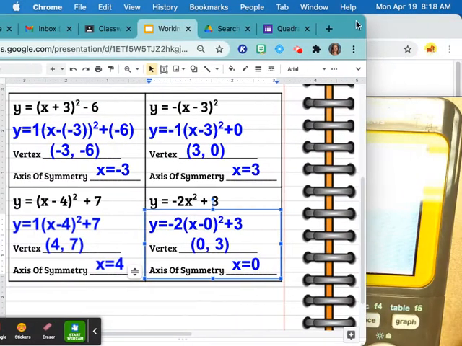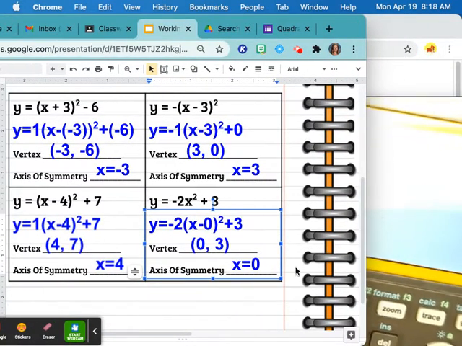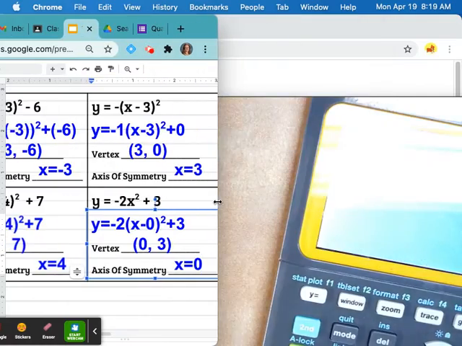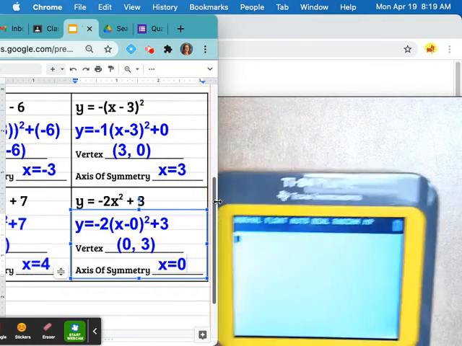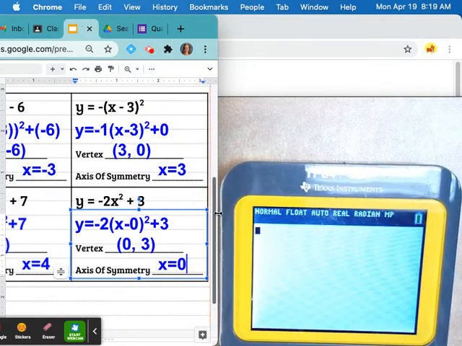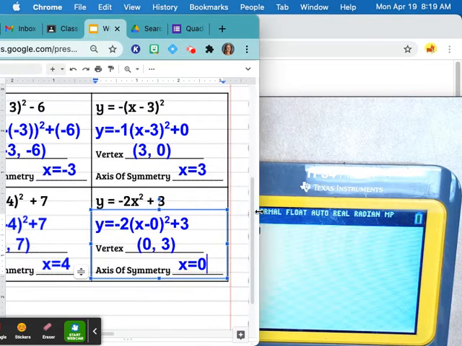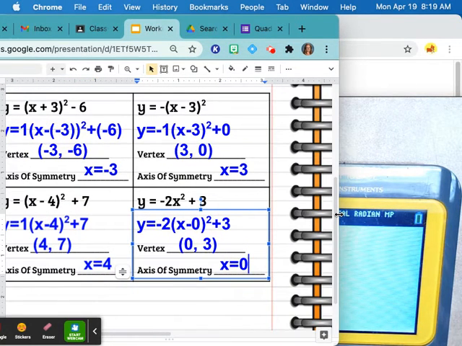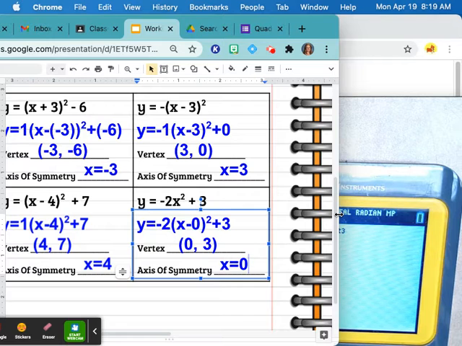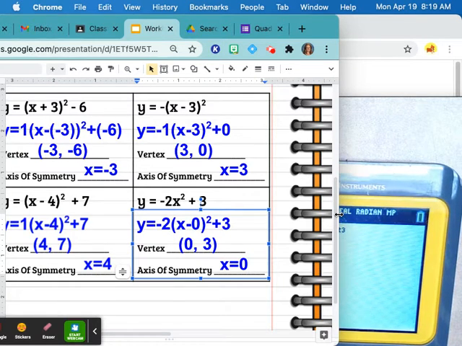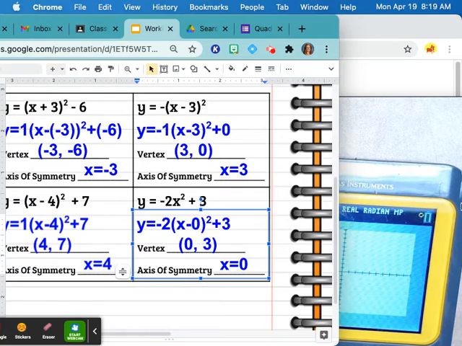Let me slide this over. Y equals parentheses x plus 3 squared minus 6.